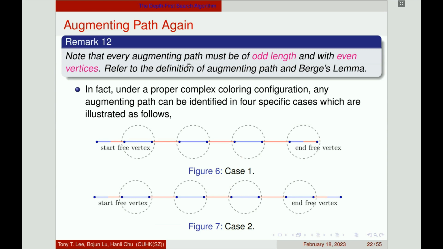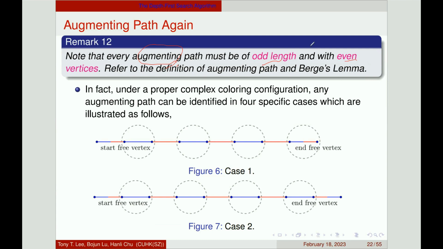So we have a detailed and focused observation on the augmenting path, because we can't avoid it. It is an if and only if condition. But we have many detailed and focused observations on it.